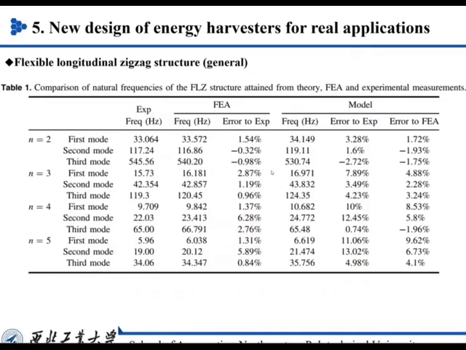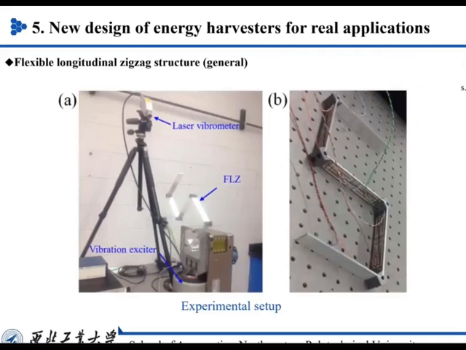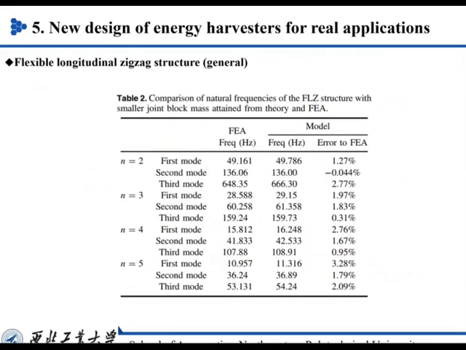That makes the error appear between the finite element analysis and the experiment, and our model also has error with both the experiment and the finite element method. So we know the error is caused by the big joint mass block. If we reduce the joint block mass and its size, the error between the model and the finite element method becomes very small.